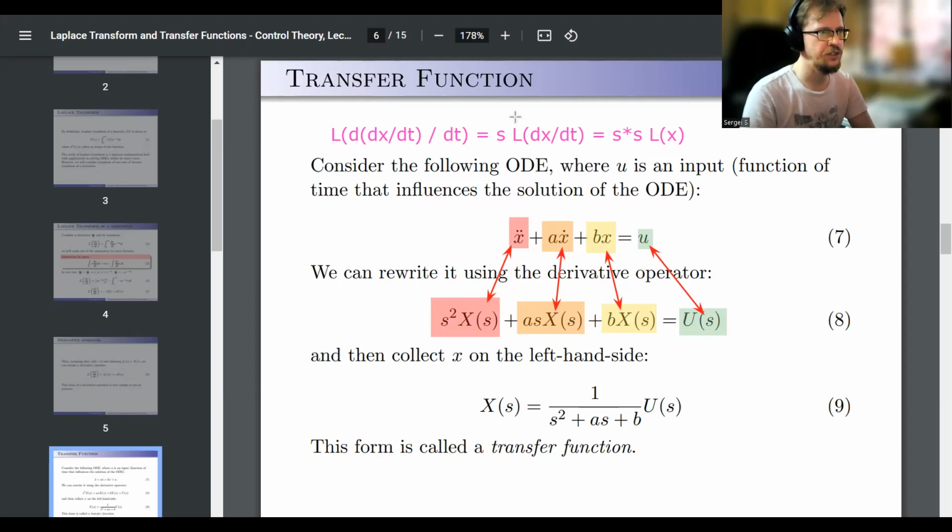Let me denote it with a different color. This would have been the hard part if we knew what u was, okay? Because u would be some function of time, which we would have to integrate, like actually do the actual math, which is more complicated than what we saw before, and get something explicit here.